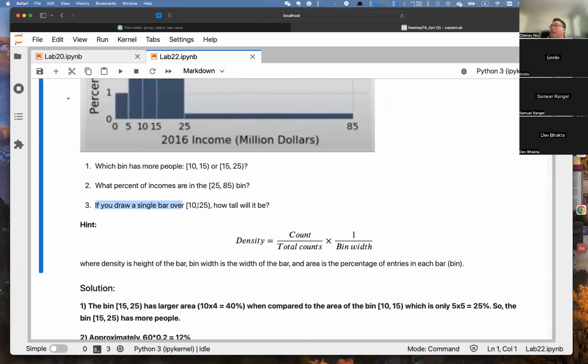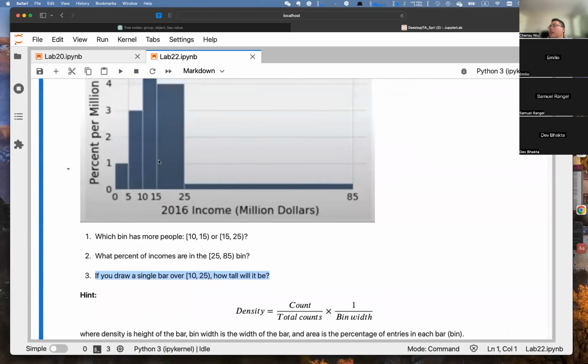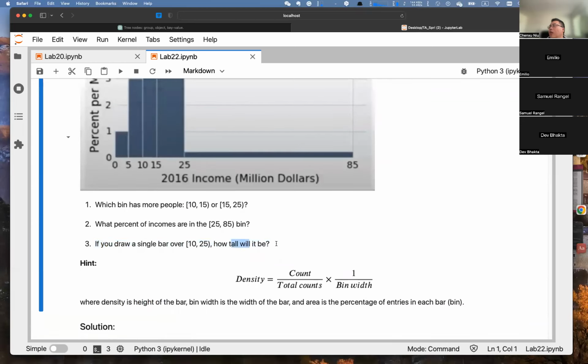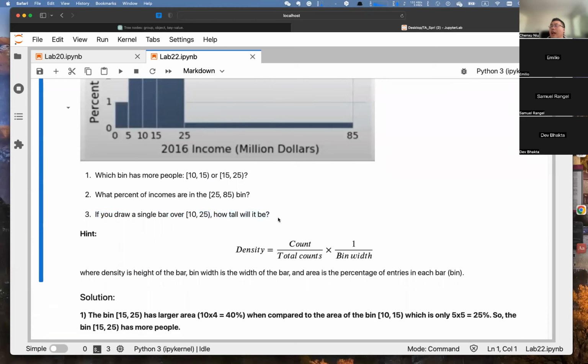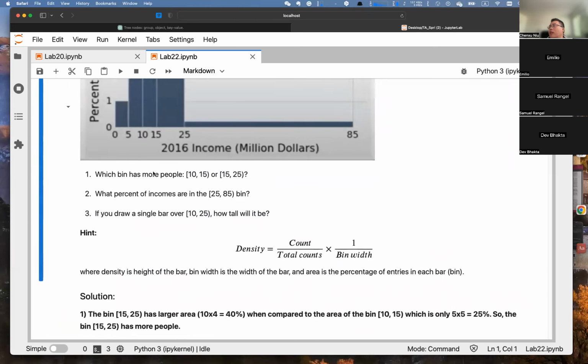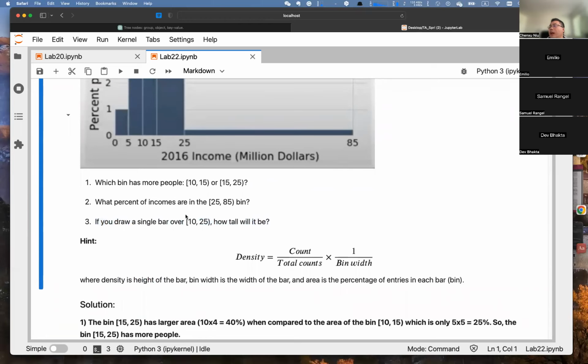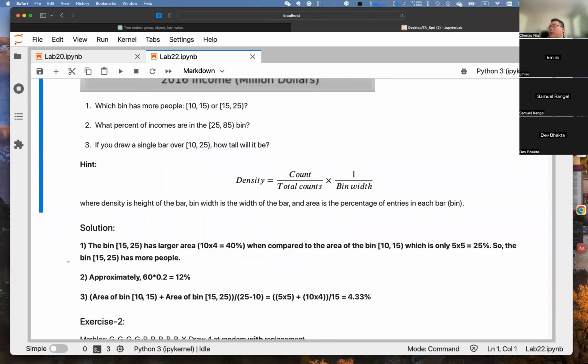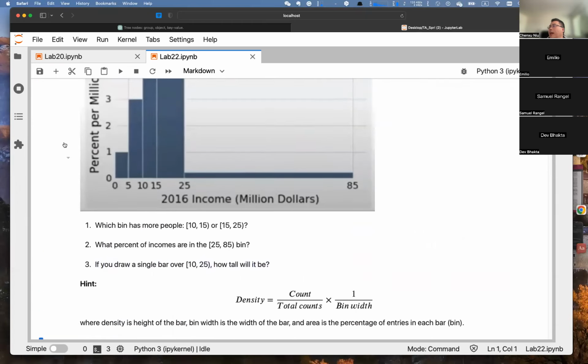And the last one: if you want to draw a single bar over 10 to 25, how tall would it be? The height would be the density, right? First, you need to calculate how many people are located between 10 and 25, so we compute the area.